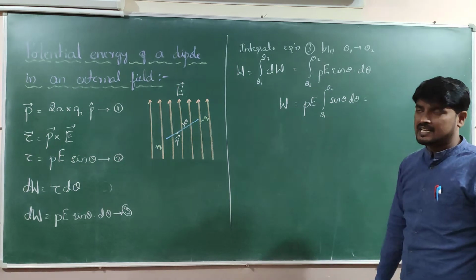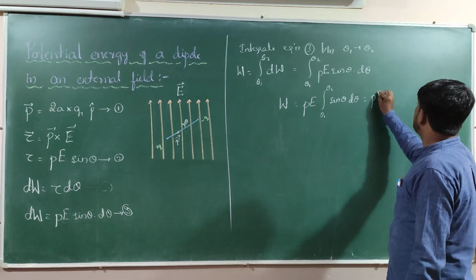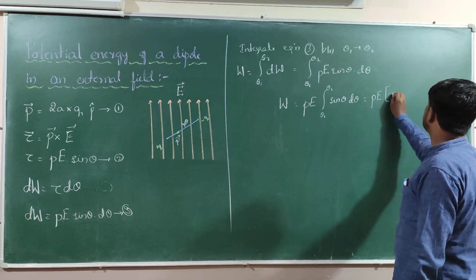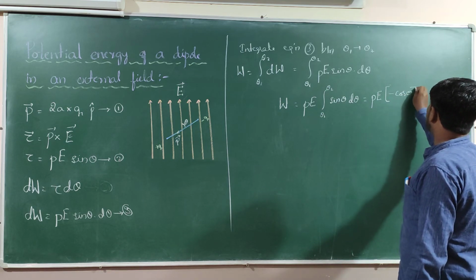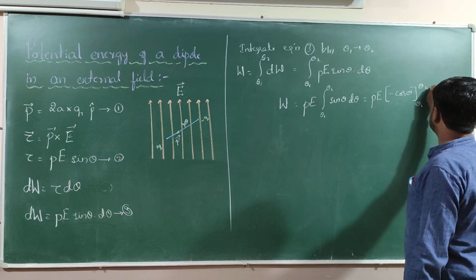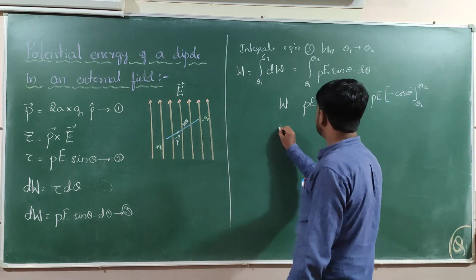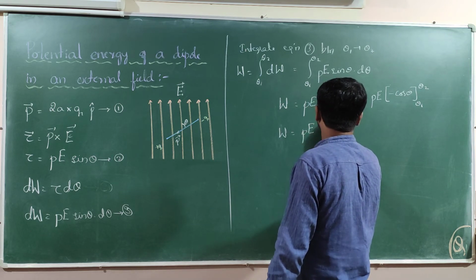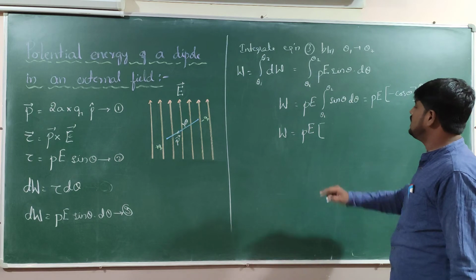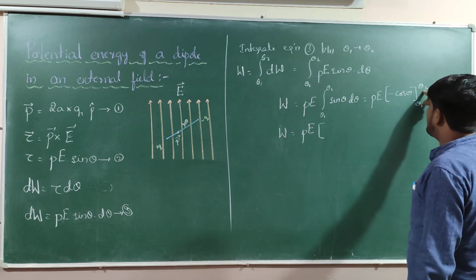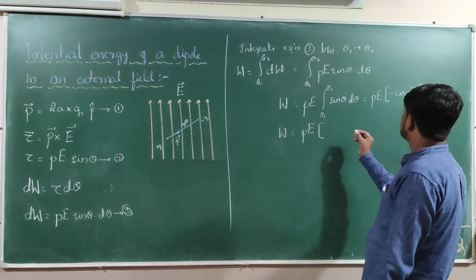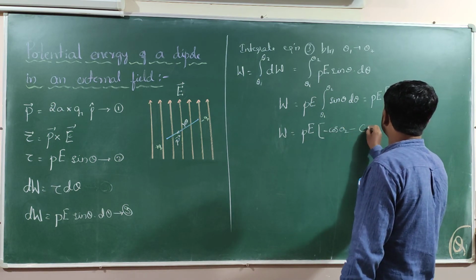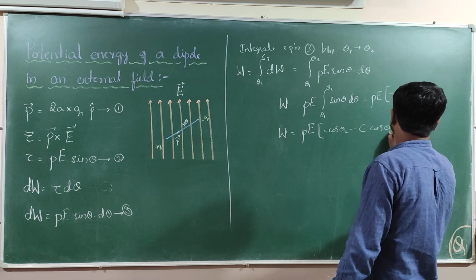Then if I integrate, this becomes P into E into the integration of sin theta, which is minus cos theta between the limits theta 1 to theta 2. Substituting the upper limit and lower limit, I get W is equal to P into E times minus cos theta 2 minus of minus cos theta 1.